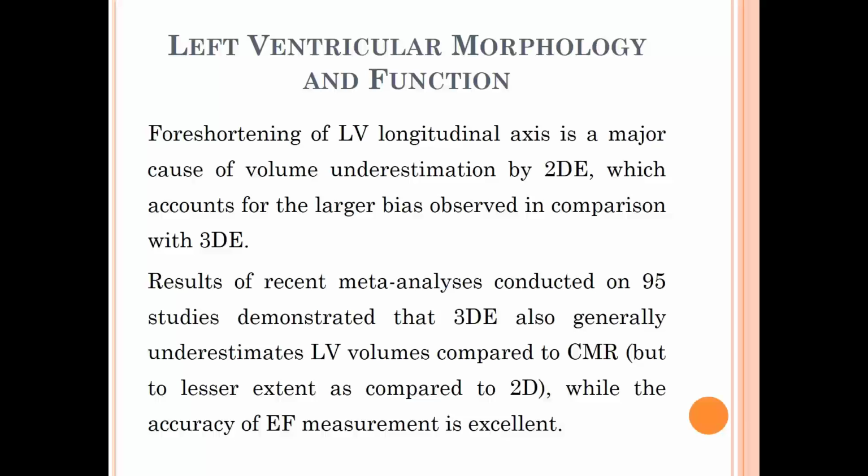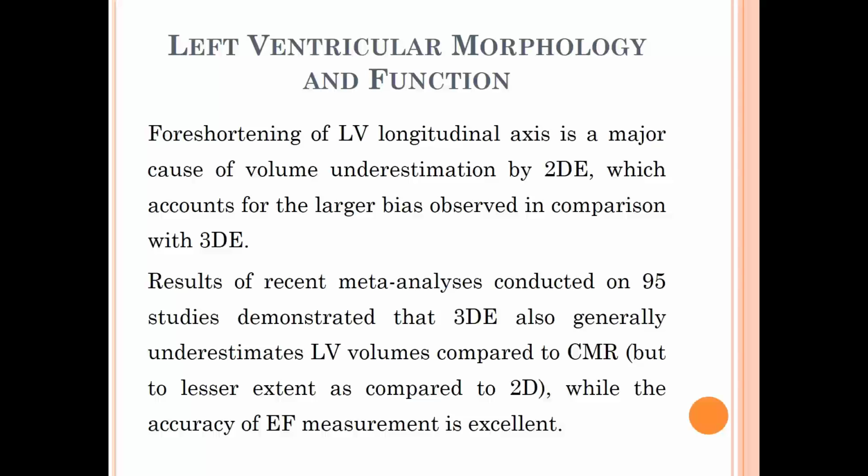I just want to say before I continue that to have a good 3D image, you have to have a good 2D image, because the 3D is based on the 2D image we're having. So get a good 2D image or else you won't have a good informative 3D. As we all know, foreshortening of the left ventricular longitudinal axis is a major cause of volume underestimation by 2D, which accounts for the larger biases observed in comparison with 3D.